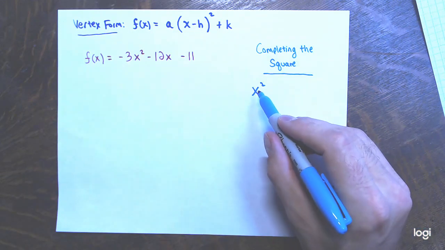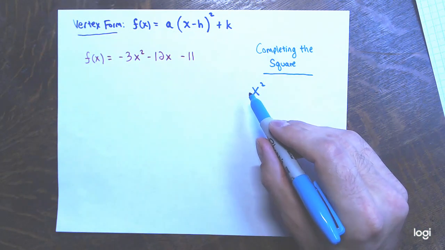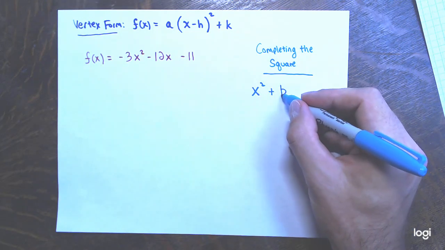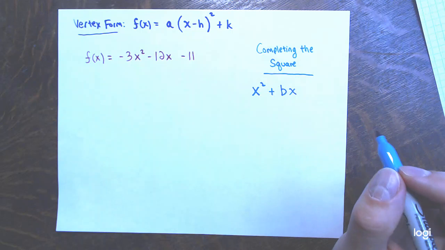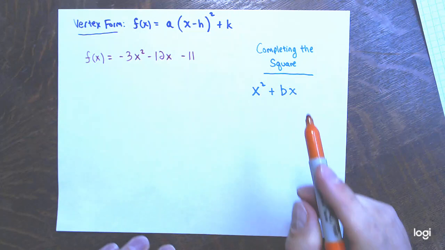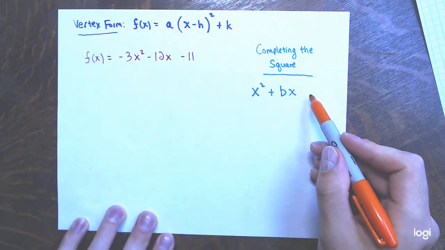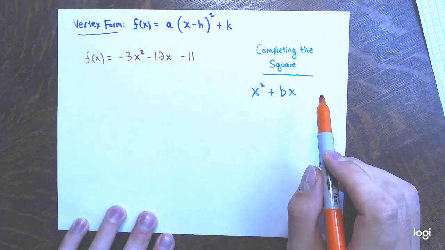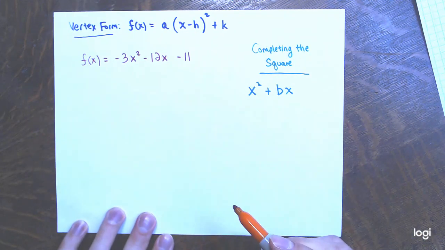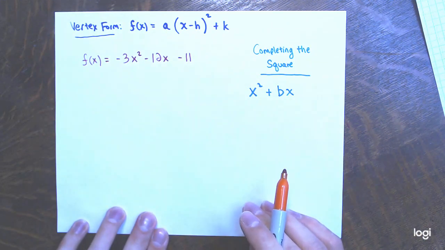I have a variable squared times 1 plus some number b times the variable to the first power. What completing the square was, it was adding a constant term to these two terms with variables to make three terms that were a perfect square trinomial, meaning could be written as the same factor twice, could be factored as a square.